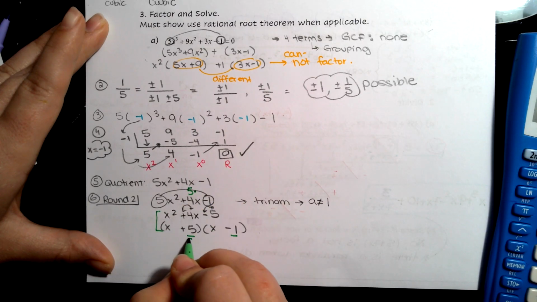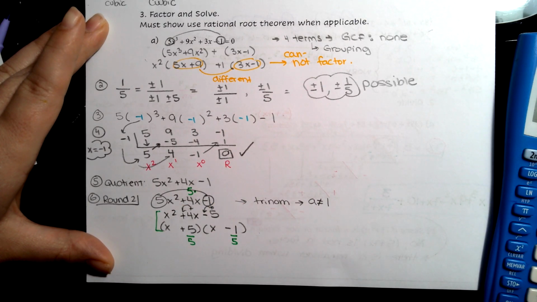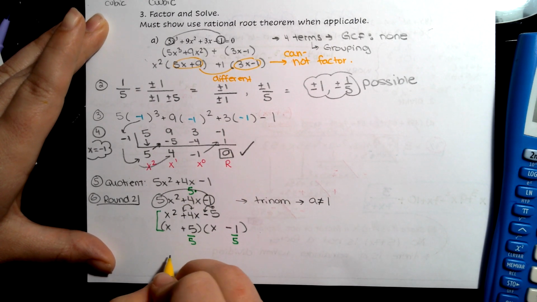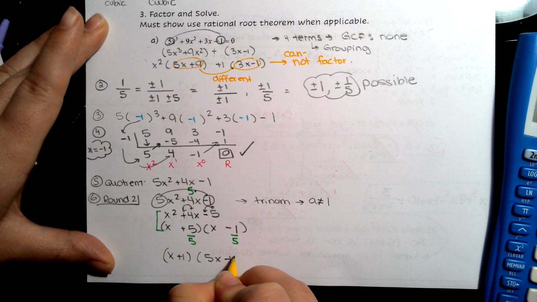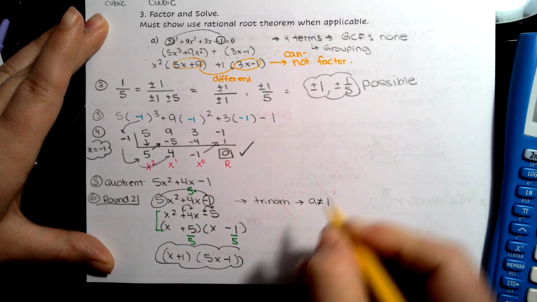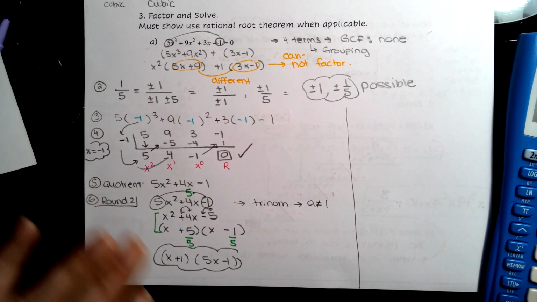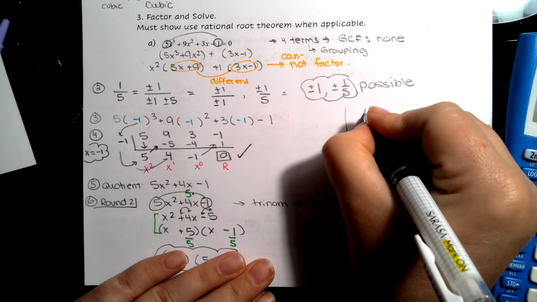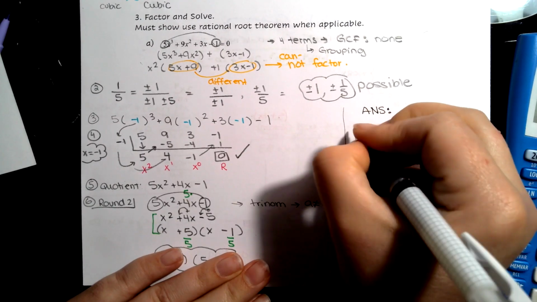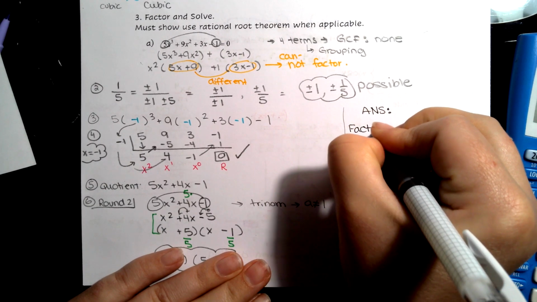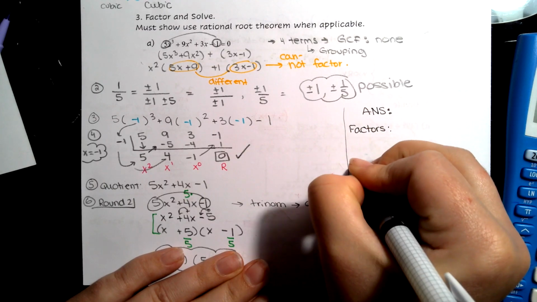We multiplied by 5, so we're dividing by 5. Simplify when you can. So we got x plus 1 and 5x minus 1. Okay, put that in a thinking bubble. The issue always comes up as to how to write the answer. It is asking you to factor and solve. So for our answer, we got factors, we got roots.